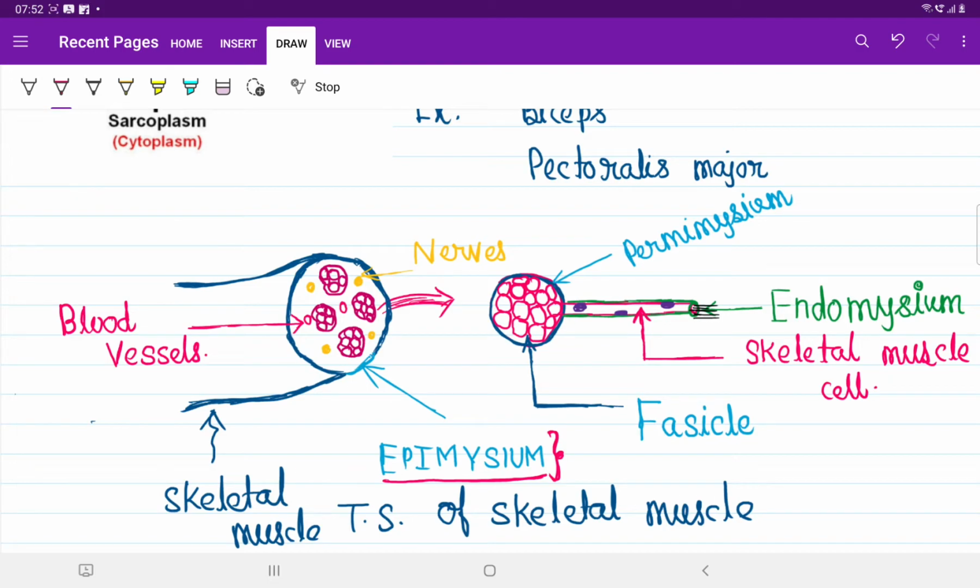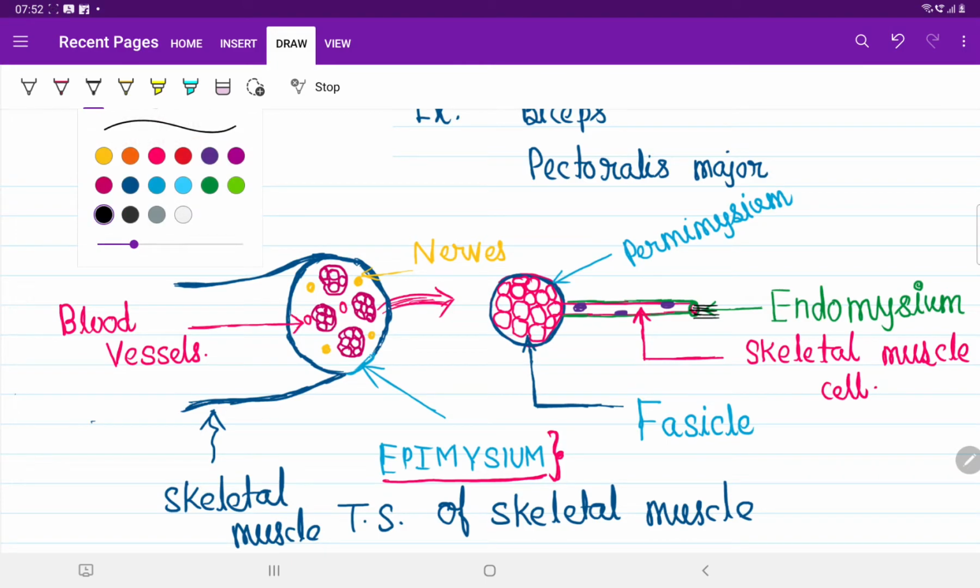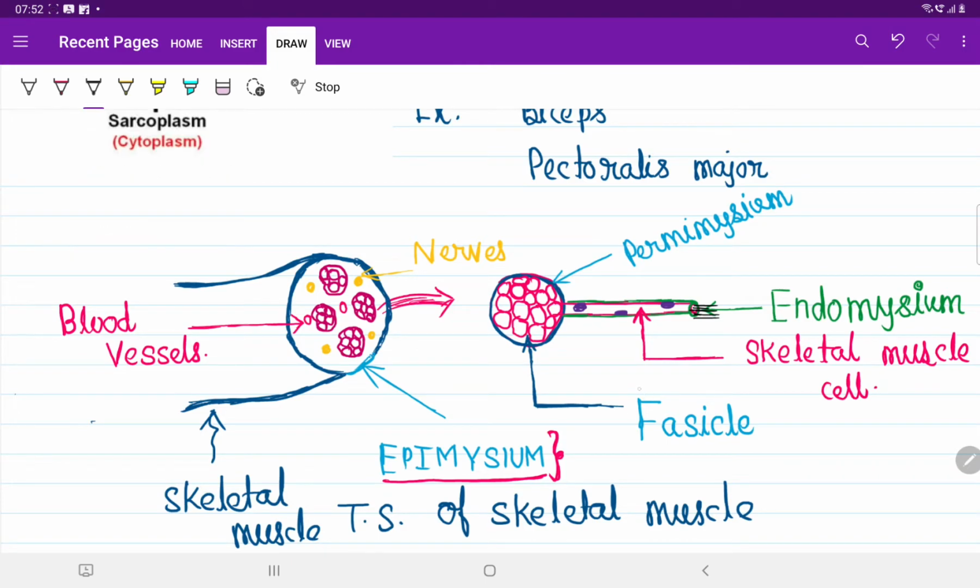When we zoom in further, we find that inside this one skeletal muscle many bundles of muscle cells are present, and each individual bundle of muscle cells is called a fascicle, right? This fascicle is covered by a connective tissue layer called the perimysium.